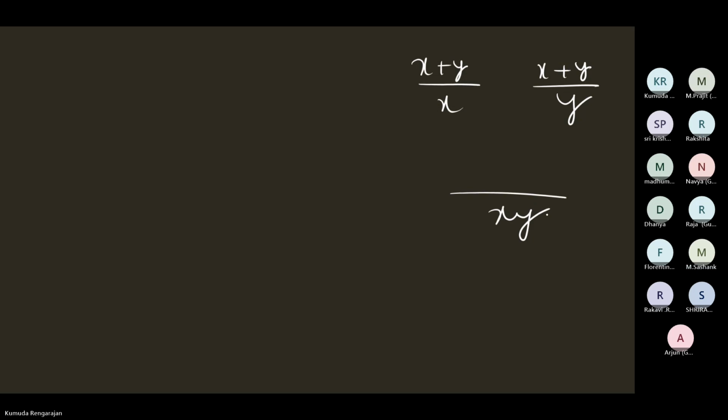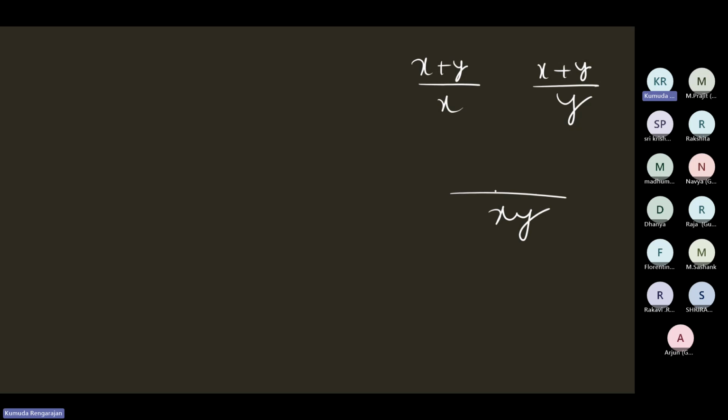See, supposing you have x plus y by x and x plus y by y, and you want to add this. If you add it like this, you will get xy as the common denominator.